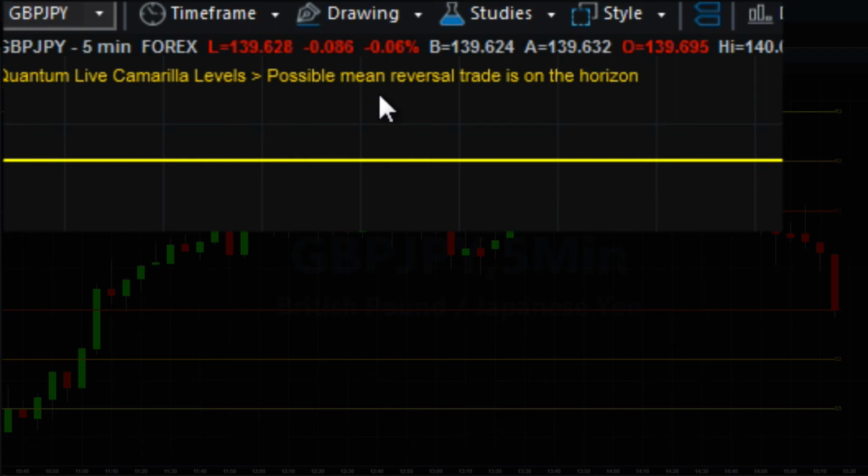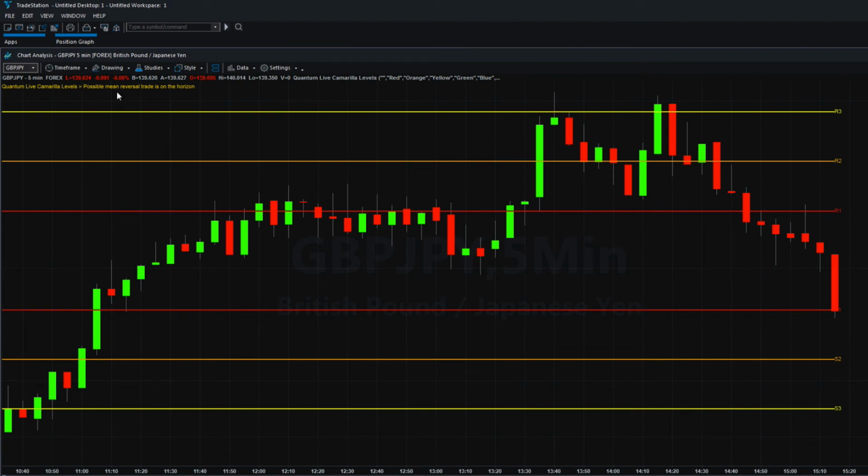And in this case, we had the message that came up and said possible mean reversal trade is on the horizon. In other words, we've reached a potential reversal point up here as we get to the R3 level, which we tested a couple of times.